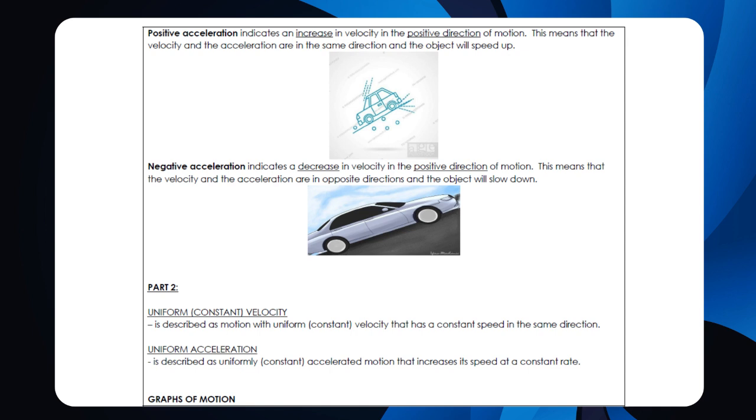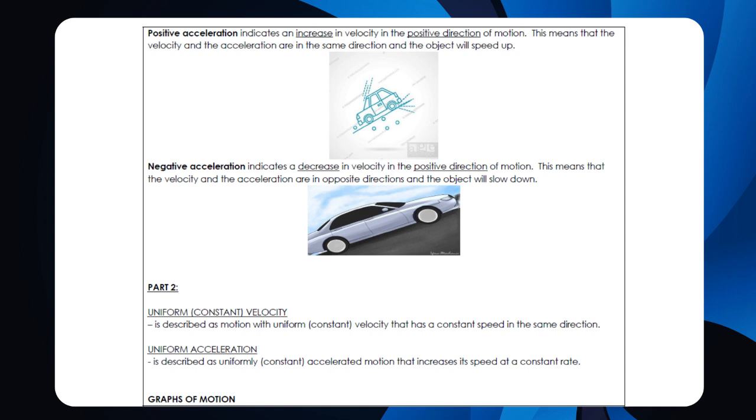Part 2. Uniform, constant, velocity is described as motion with a constant speed in the same direction. Uniform acceleration is described as uniformly, constant, accelerated motion that increases its speed at a constant rate.